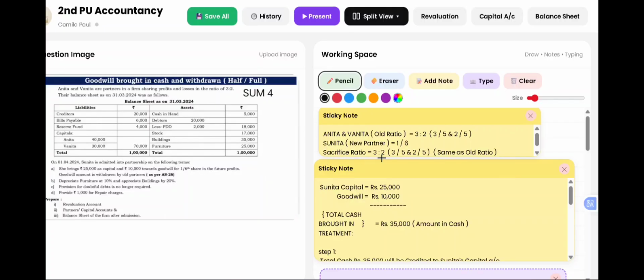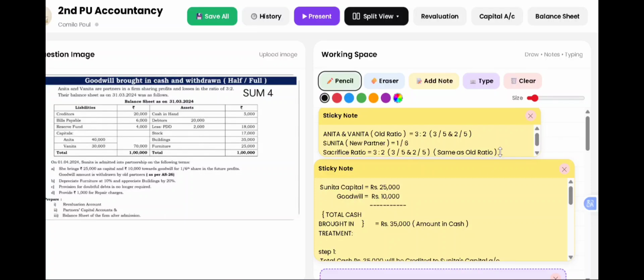So the sacrifice ratio will be 3:2. That is same as the old ratio since there is no other information given to us about the new profit sharing ratio. So it will be 3/5 and 2/5 in which the goodwill will be distributed to the old partners.